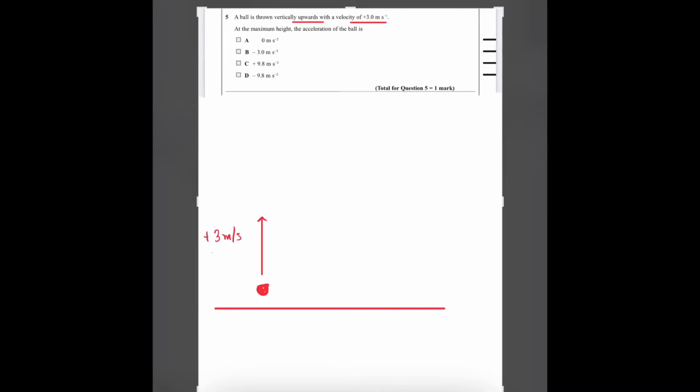Since the force due to gravity is downwards, and F equals m times a, where F is the resultant force, m is the mass, and a is the acceleration, the force is downwards towards the ground, which means that it is in the opposite direction, right? Since there is a force in the negative direction, there should be an acceleration in the negative direction, right?